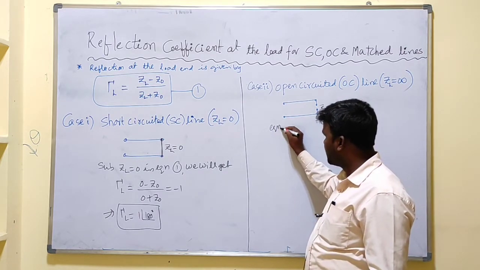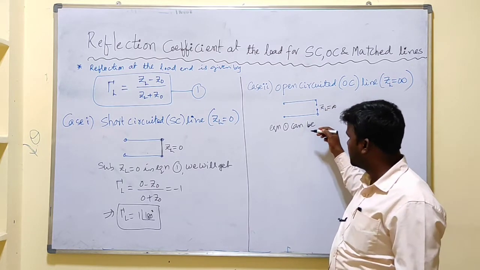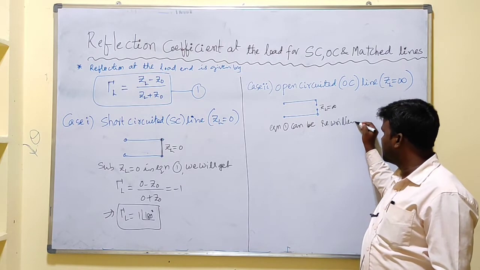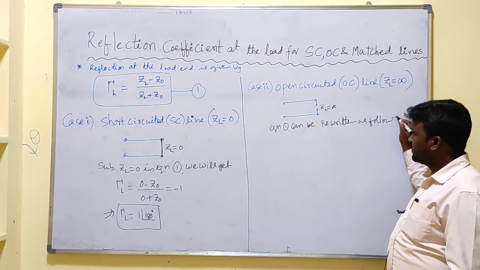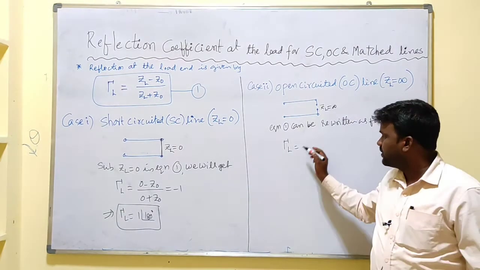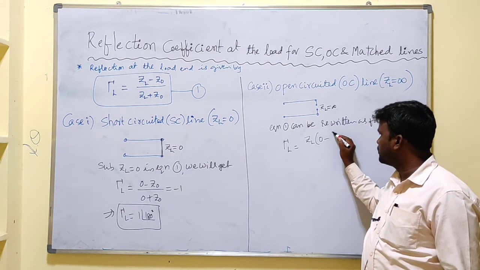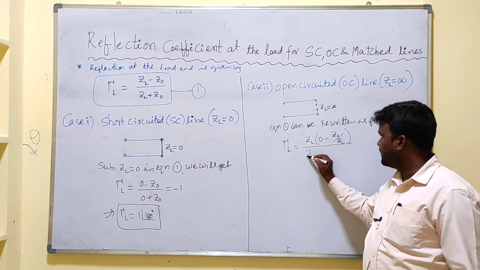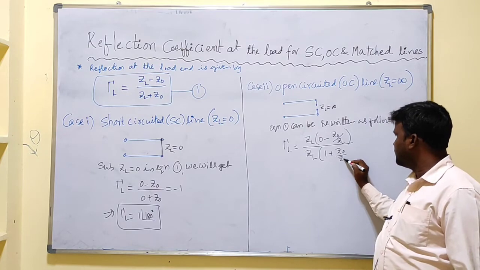Equation 1 can be rewritten as follows. Take ZL as common in the numerator and denominator: ZL minus Z0 by ZL plus Z0 becomes 1 minus Z0 by ZL over 1 plus Z0 by ZL.